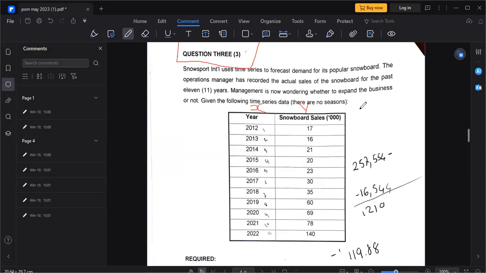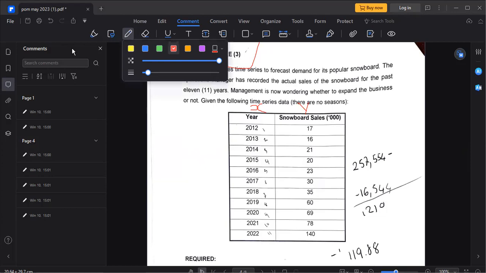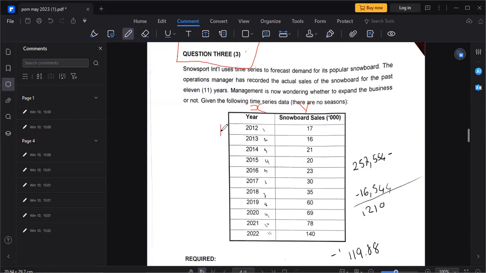So for X, we have 11 years. Year 2012, you take as year 1, then 2, 3, 4, 5, 6, 7, 8, 9, 10, 11.